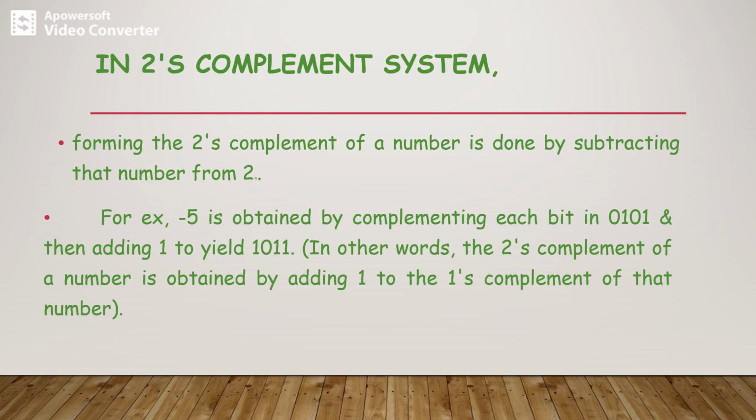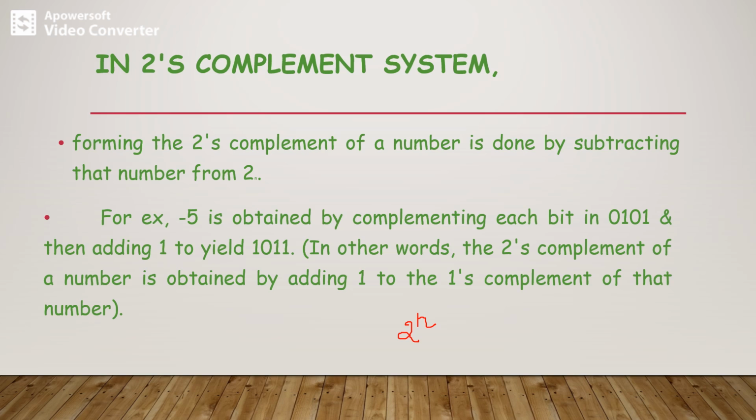In the case of the 2's complement method, the negative number is obtained by getting the 2's complement of the corresponding positive number. This operation is the same as subtracting the positive number from 2 power n. So we can also get the 2's complement value by subtracting the respective number from 2 power n.